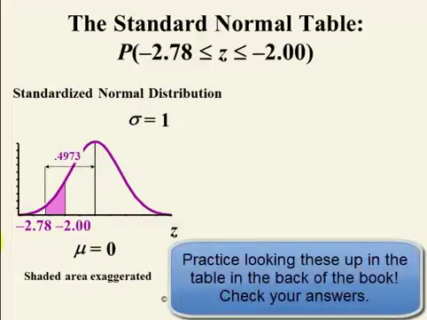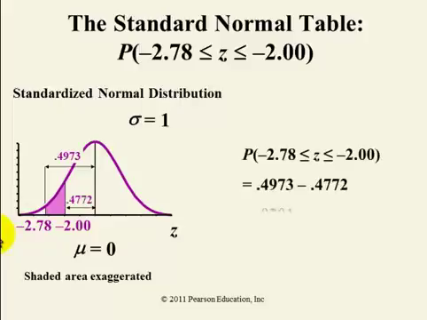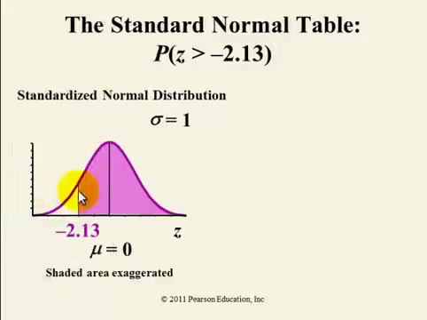If we're interested in this interval here, between negative 2.78 and 2, we'd subtract and get this difference. So we calculate the one value of 0.4973 and then 0.4772, and the difference is the area under the curve that I'm interested in. And so we'll do lots of examples where we have to use the table to look these up.